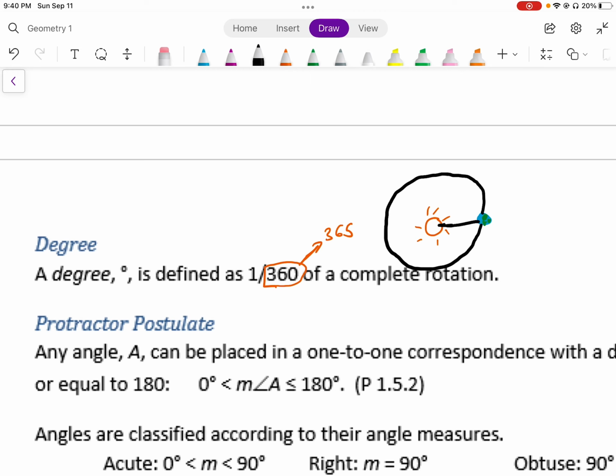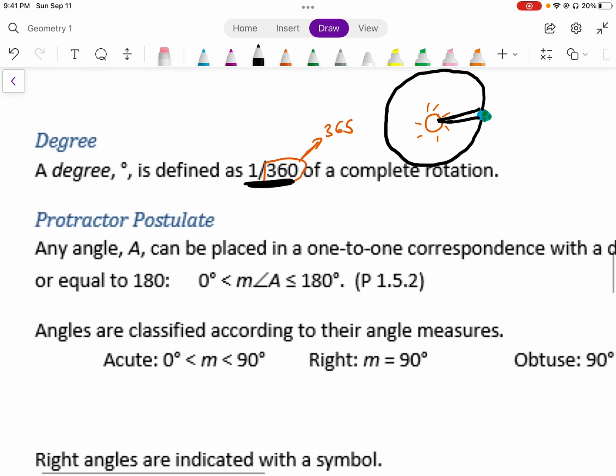So in one day, this travels about 1 degree. Definitely not drawn to scale, but that's the idea. That's why we think it's 360. But a degree is 1/360th of a complete rotation.